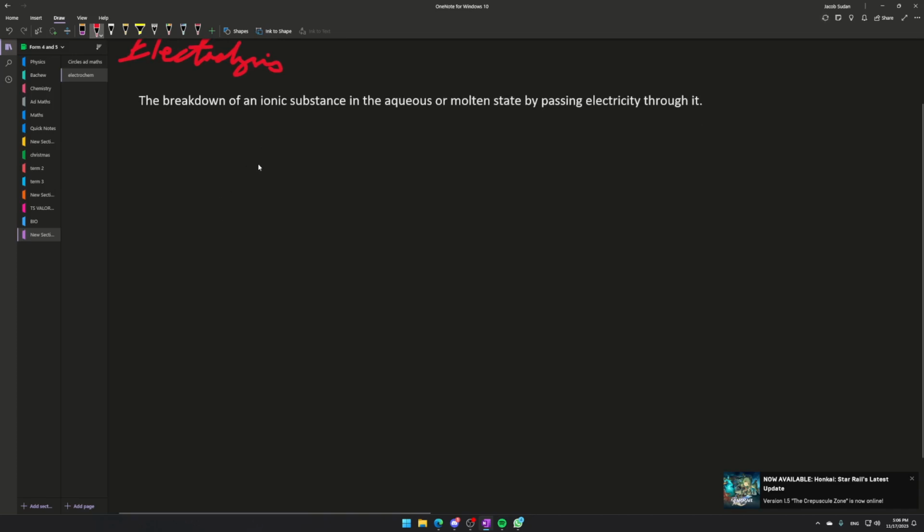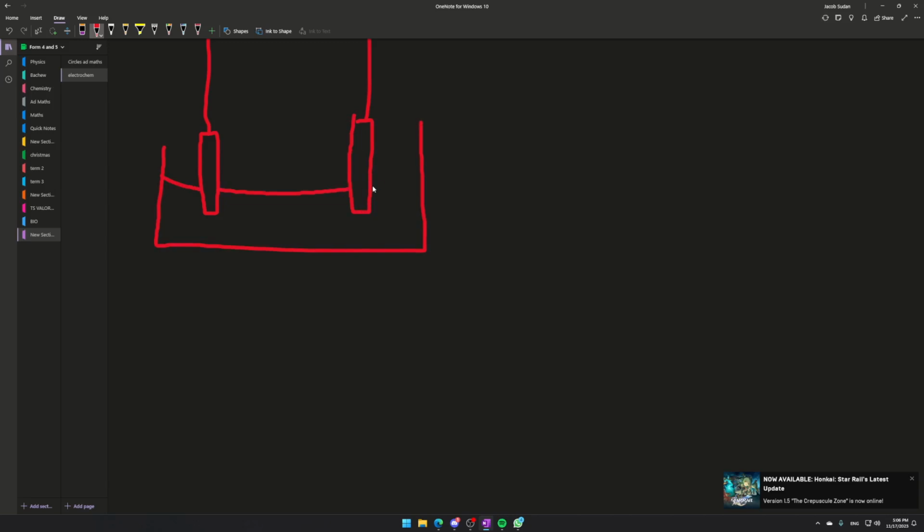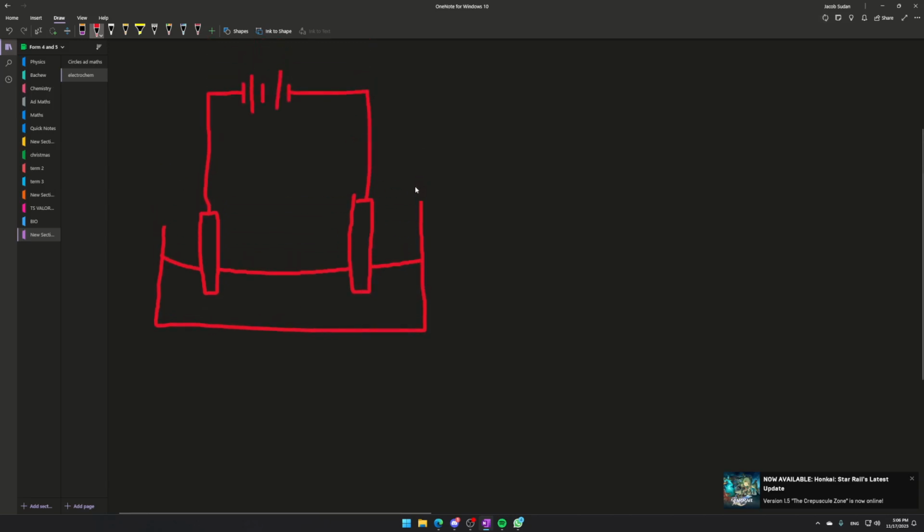Now, the apparatus for the electrolysis looks like this. There are 2 of these things and a beaker or some form of container, and something is in the beaker. So what exactly is this apparatus?